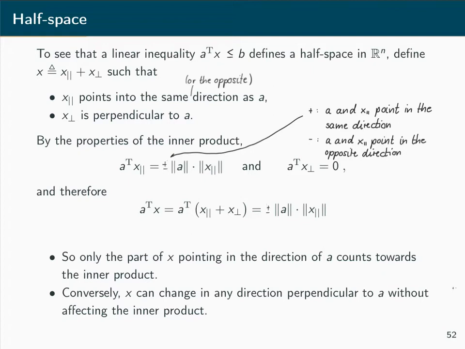What we can conclude from this is that only the part of x that points in the direction or in the opposite direction of A counts towards the inner product, and we can simply neglect any direction of x that's perpendicular to A because it does not affect the inner product.